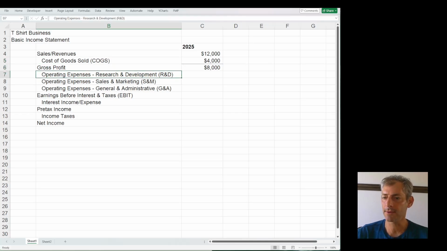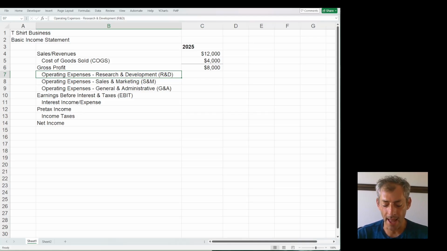Now, past that, there are several other expenses this company is going to have, and they're generally lumped as operating expenses, and there are three major segments of this. Research and development is the first one we'll touch on. This would be money you're spending researching other products that are not the main product. So, for example, maybe they're doing some research and considering making sweatshirts or a hat or whatnot.